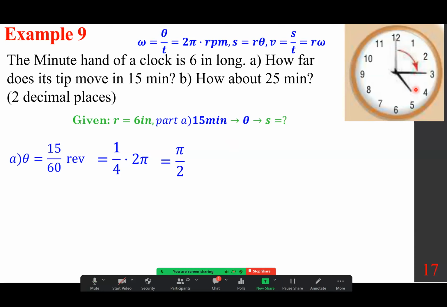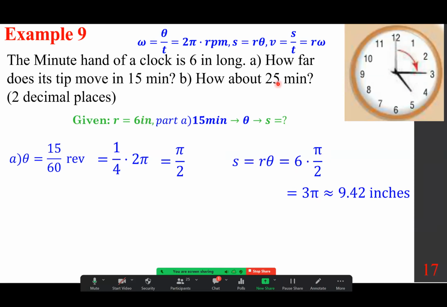So theta is pi over 2, and s equals r theta. R was 6, so times pi over 2, and it's precisely 3 pi. This is the exact answer. We go with a couple of decimals, and we use the units of the radius.